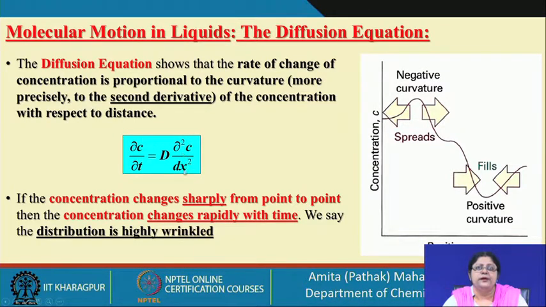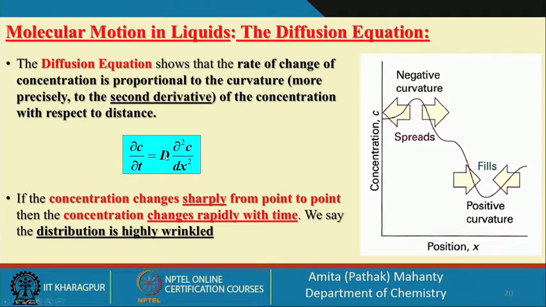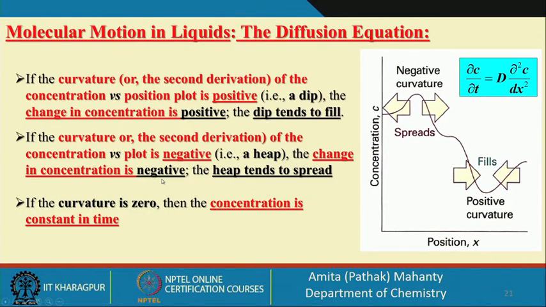This is the equation we get: the rate of change of concentration with time is equal to the second derivative of concentration with respect to position, or d square c by dx square. This was because of the diffusion of the ions due to concentration gradient, guided by Fick's first law of diffusion.